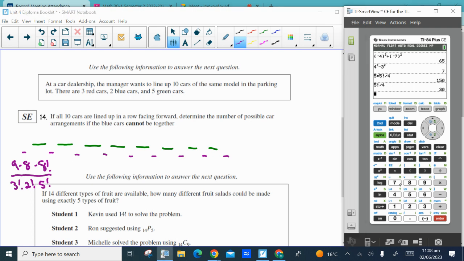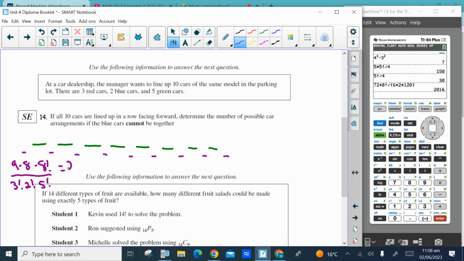So 9 times 8 is 72 times 8 factorial, and that's divided by, in brackets, 3 factorial, which is 6, times 2 factorial, which is 2, times 5 factorial, which we've already seen is 120. So 2016 is the answer. That's one way to do it.